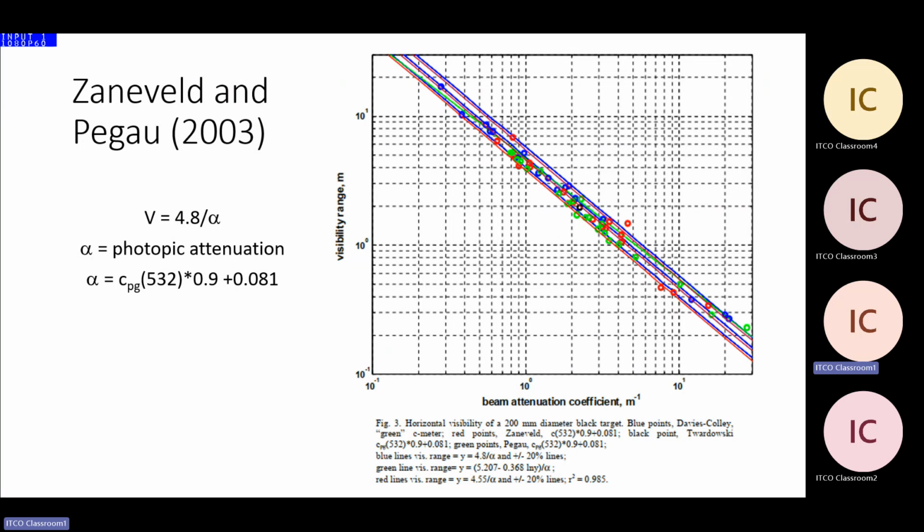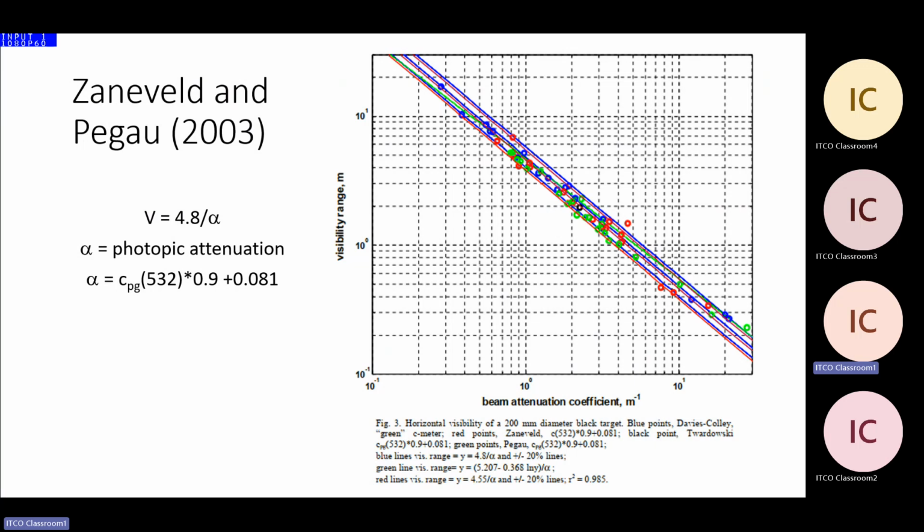Note that the attenuation coefficient that we're looking at here has a spectral weighting according to your eye, which is a photopic response. So what they were able to do in this paper, though, is to take that photopic response and then regress it, basically correlate it to 532 nanometers.